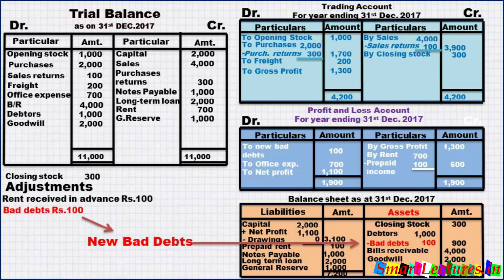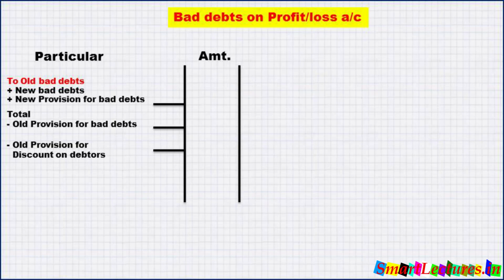And again, I strongly recommend whenever there is bad debts or provision for bad debts or discount on debtors, you should write down the full format on the debit side of profit and loss account and the full format on the asset side of balance sheet. And what is that format? To old bad debts plus new bad debts plus new provision for bad debts minus old provision for bad debts minus new discount on debtors.